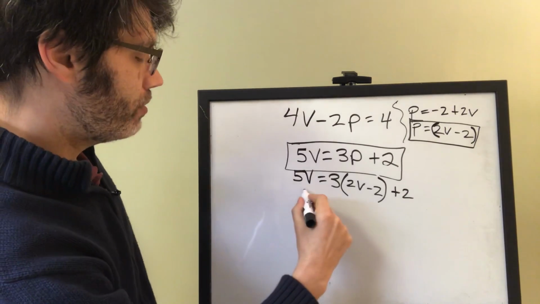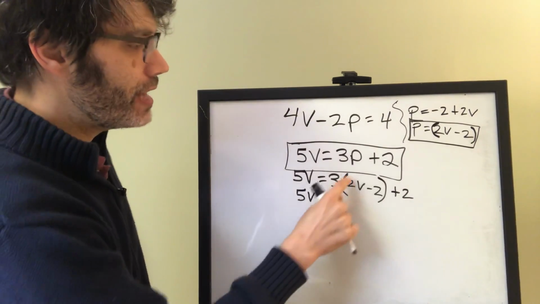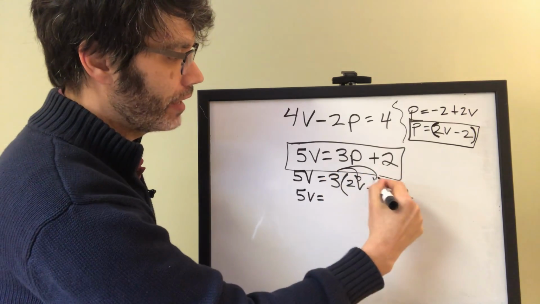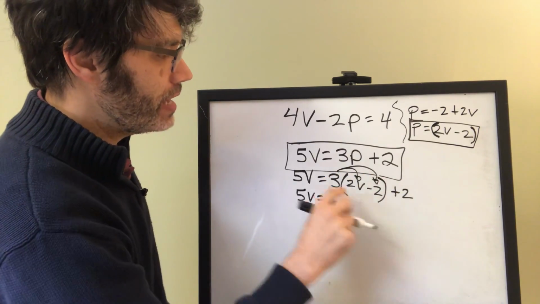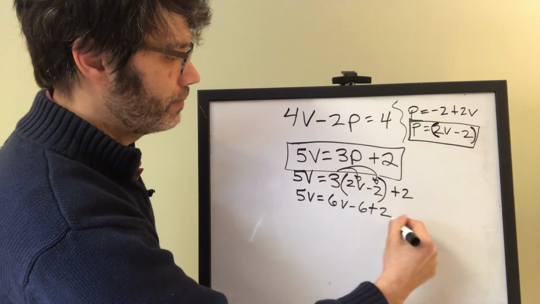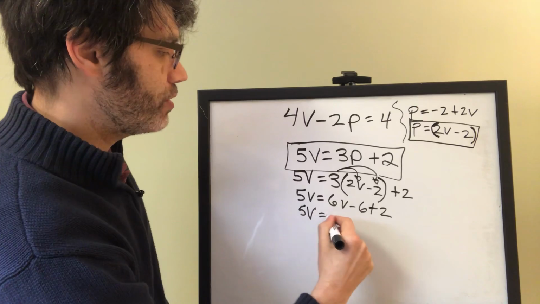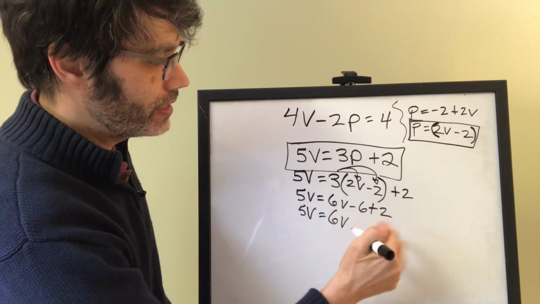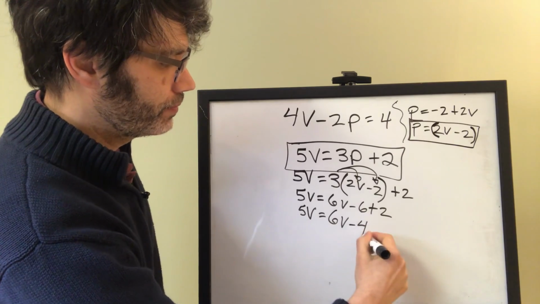Now, do you see that we have these parentheses, which remind us to distribute this 3 over everything? So that's 6v, and then 3 times negative 2 is negative 6, and then plus 2 over here. So it's 5v equals 6v, and negative 6 plus 2 is negative 4.